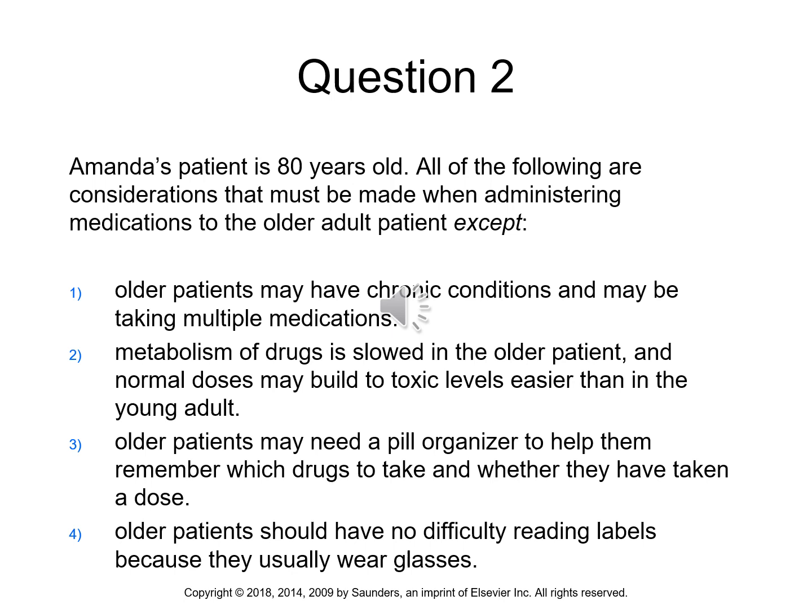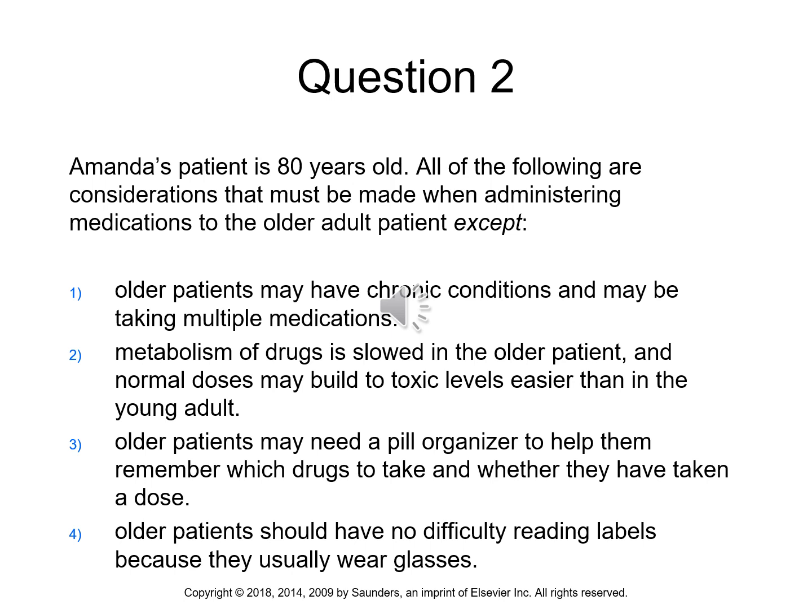Amanda's patient is 80 years old. All of the following are considerations that must be made when administering medications to the older adult patient except. So the answer here is 4. Older patients should have no difficulties reading labels because they usually wear glasses.